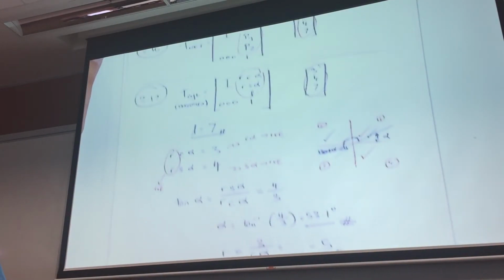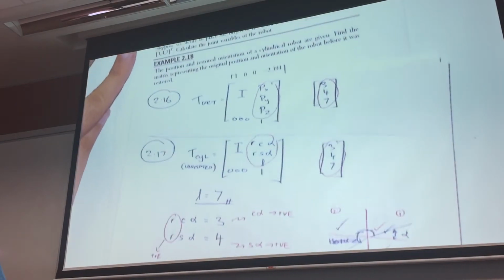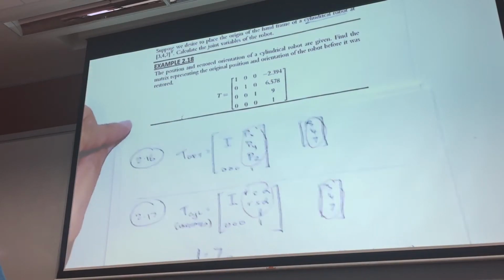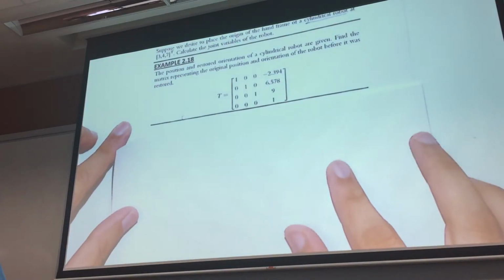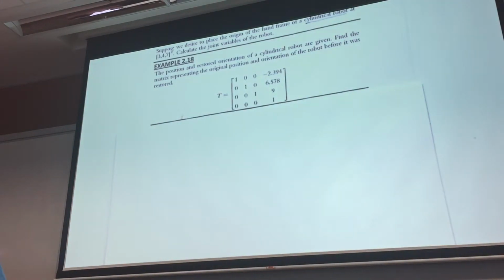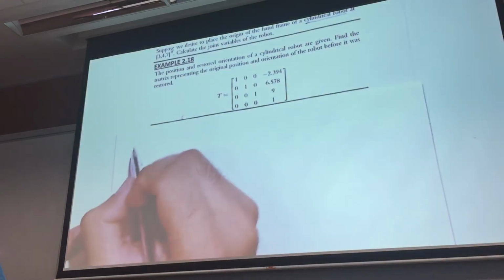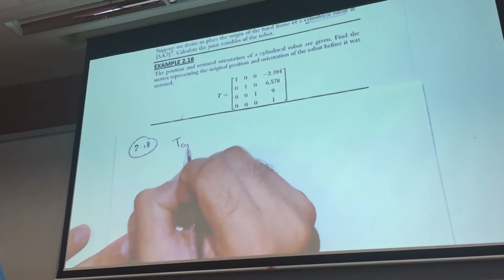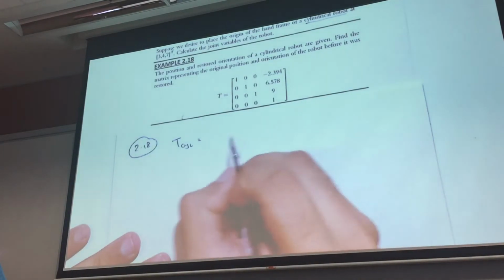Okay, 2.18. I will just quickly go through 2.18 because, okay, this is also a T cylindrical question, right?